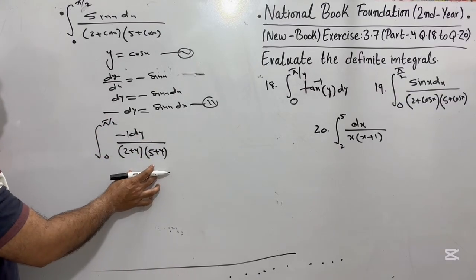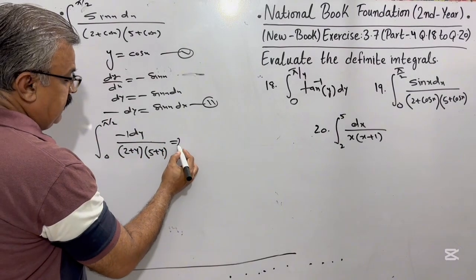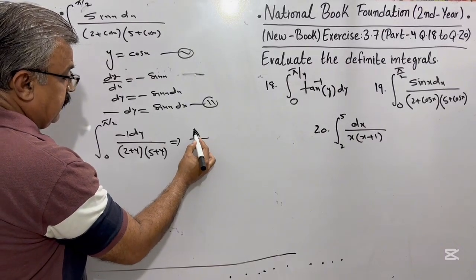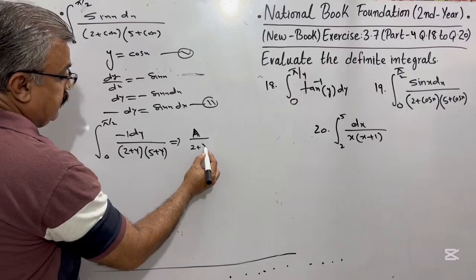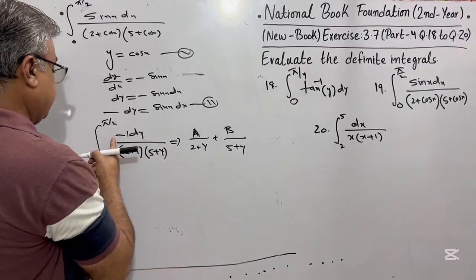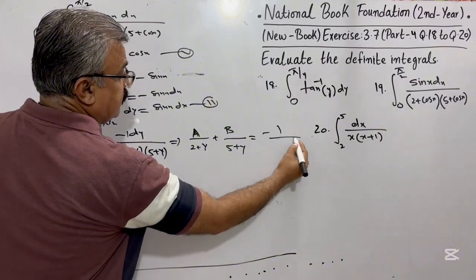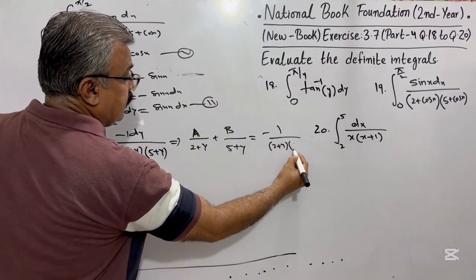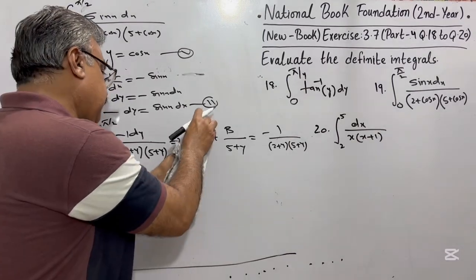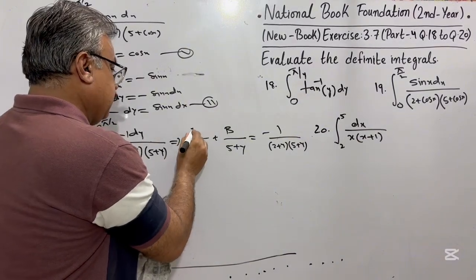Linear and different roots can be split up in partial fractions as A over 2 plus y plus B over 5 plus y. Don't forget to take this minus 1 over 2 plus y times 5 plus y. Let me manage this A. It's our A.